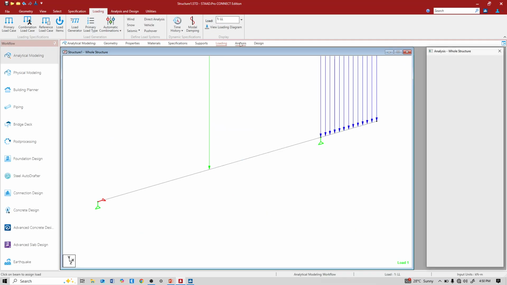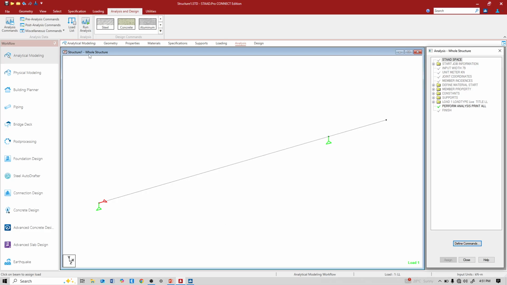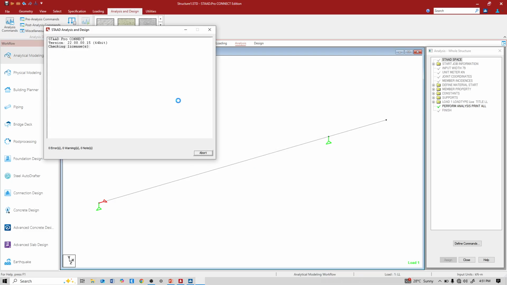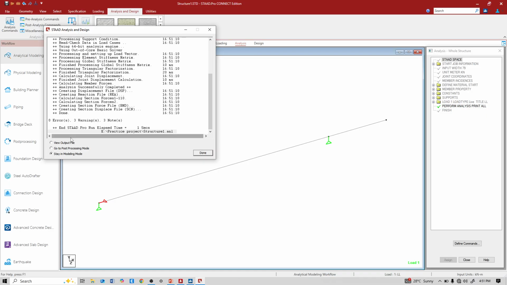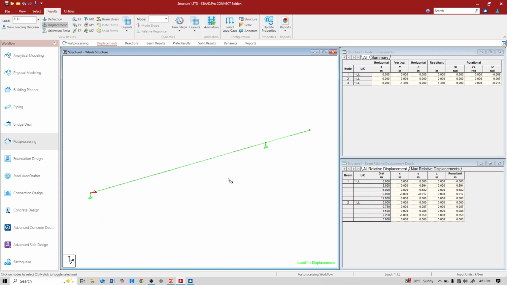Now analysis it. Go to post processing, apply OK. See, this is deflected shape of this beam.